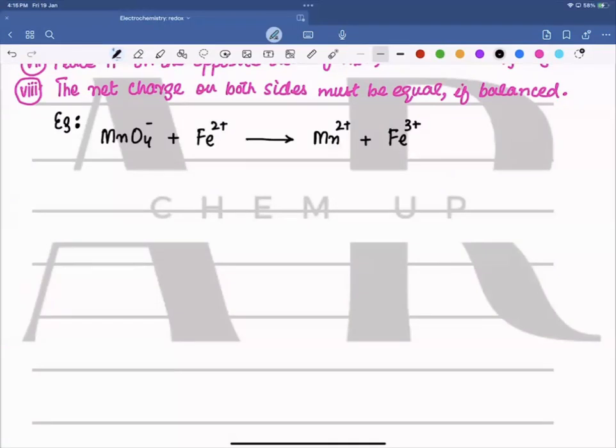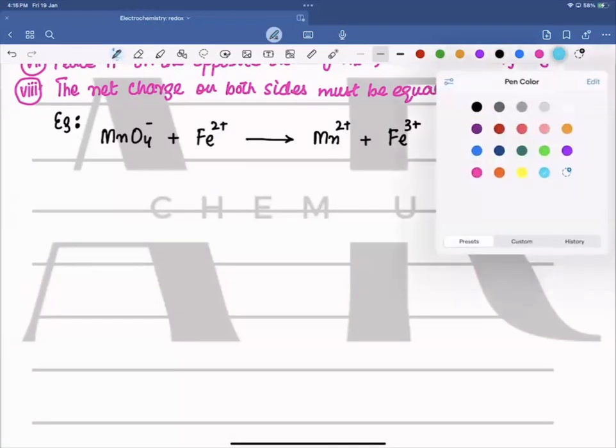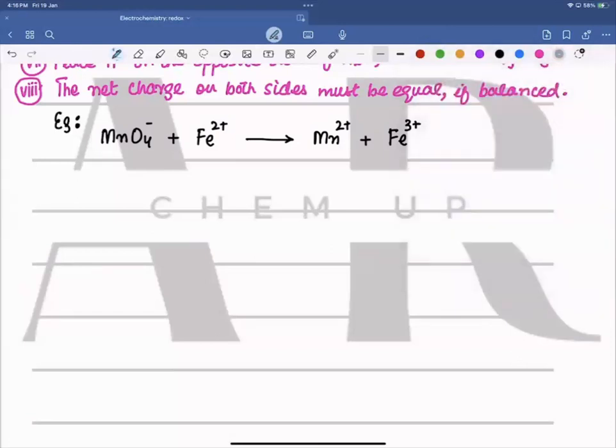So let's have a look at the solution. We have MnO4 negative and Fe2 positive arrow, Mn2 positive plus Fe3 positive.